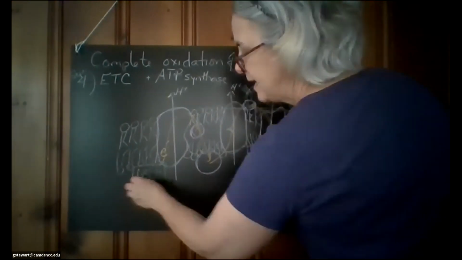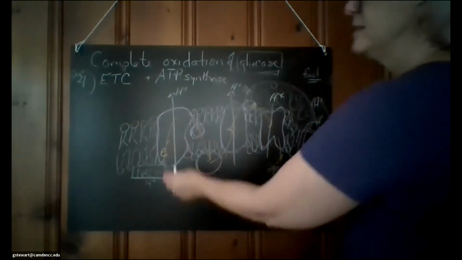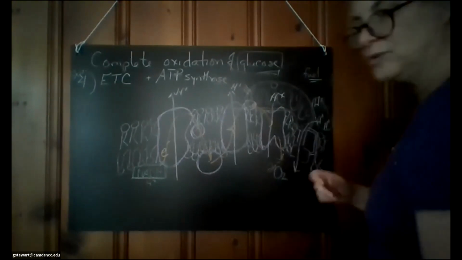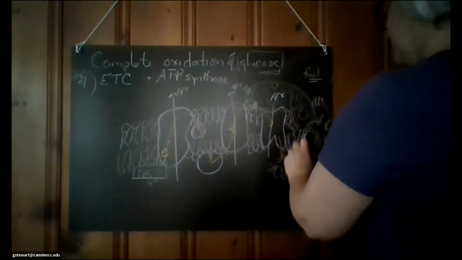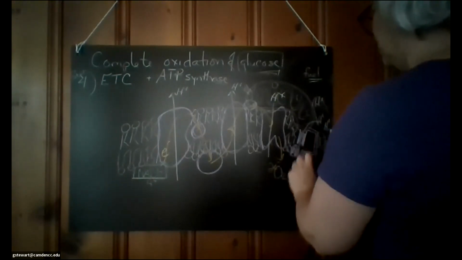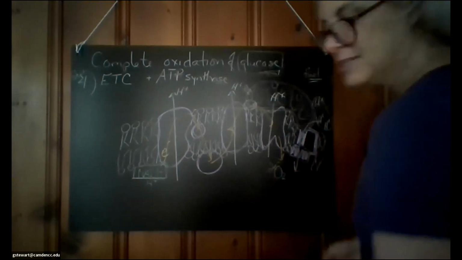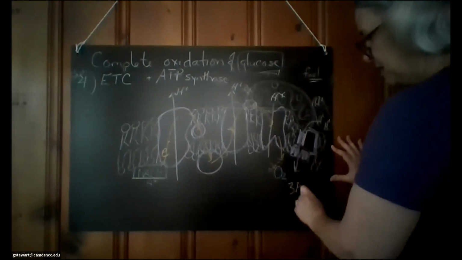When one NADH is delivered to the electron transport chain, that is enough pumping of protons and passing of electrons to fuel ATP synthase to produce 3 ATP.